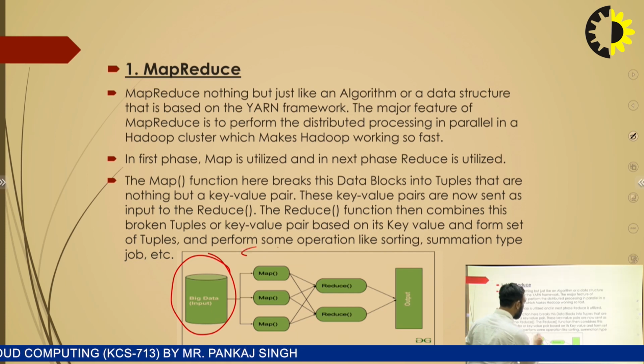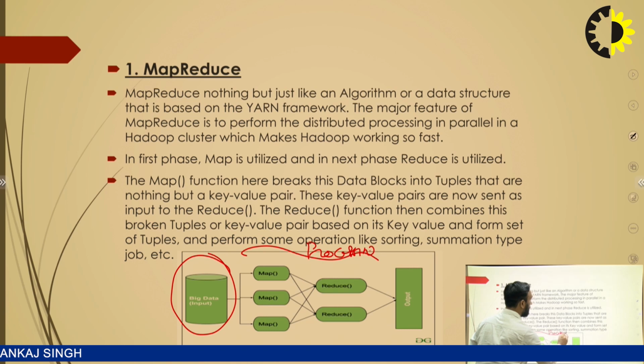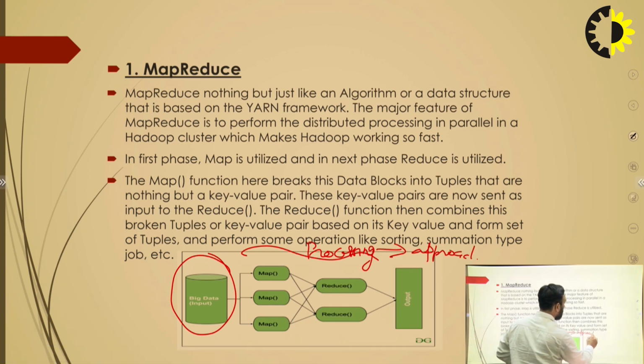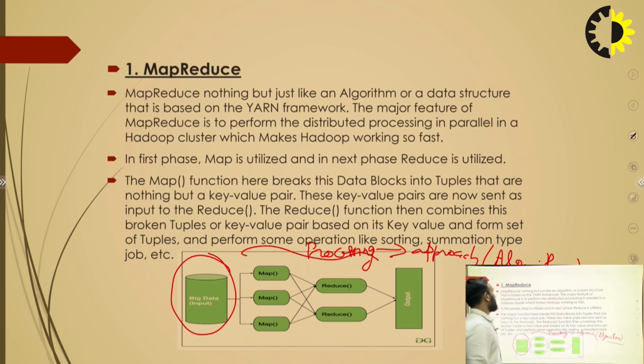These are the processing approaches, or technically we can say these are the algorithms. What we exactly do in MapReduce, it is just like an algorithm or a data structure that is based on the YARN framework. I will discuss the YARN framework in detail in the next PPT.